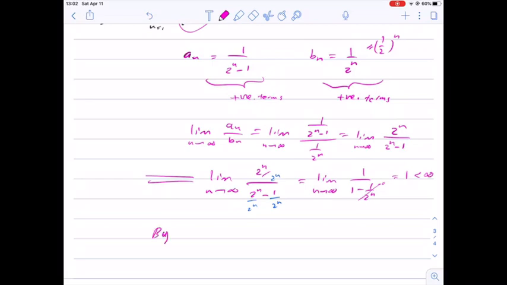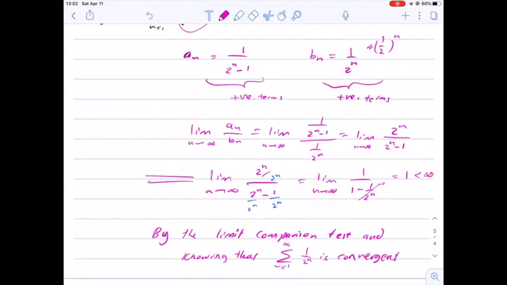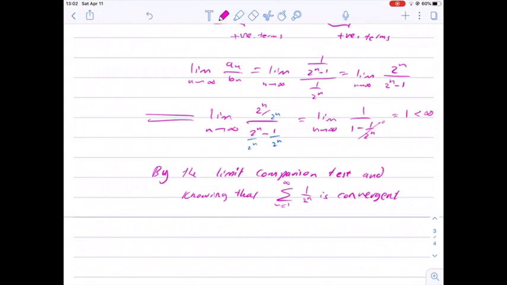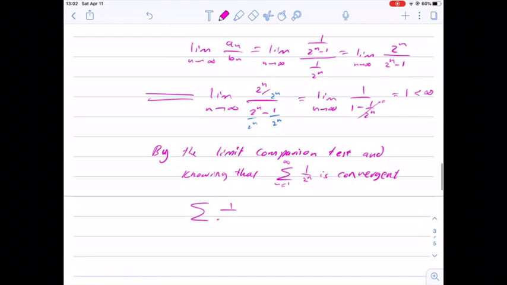Now by the limit comparison test, and knowing that the series 1 over 2 to the n from 1 to infinity is convergent, the other series, the series under study, our series is convergent.